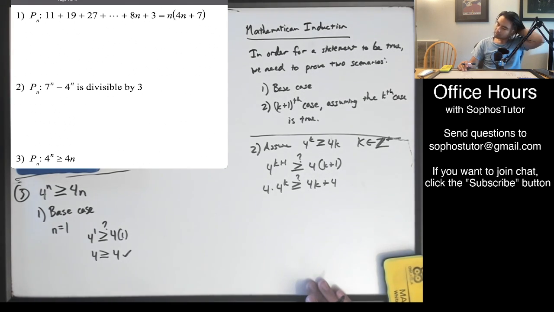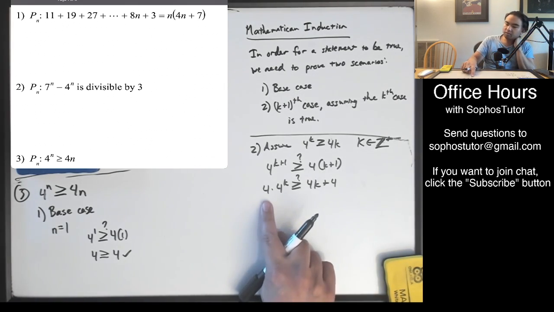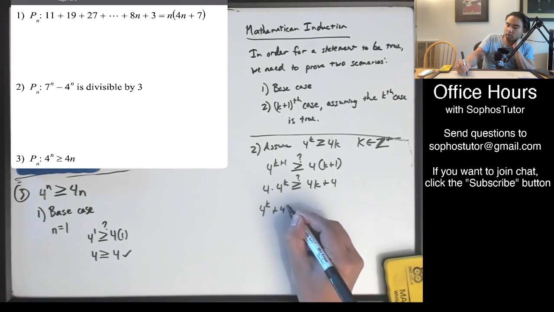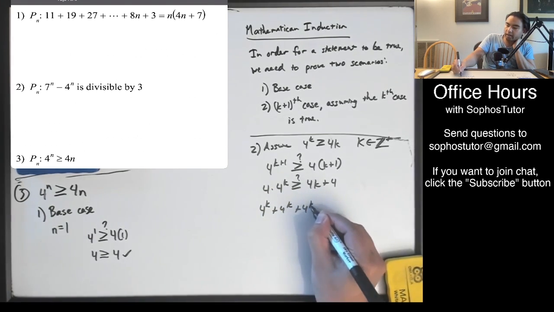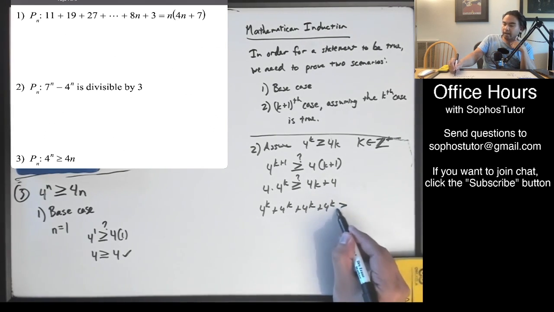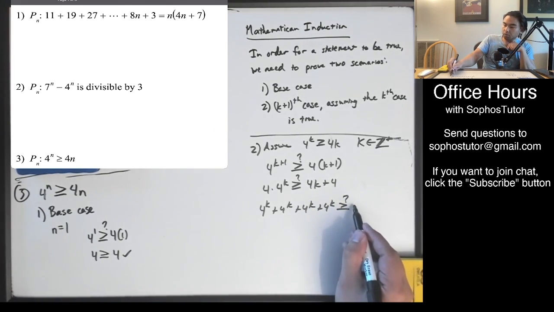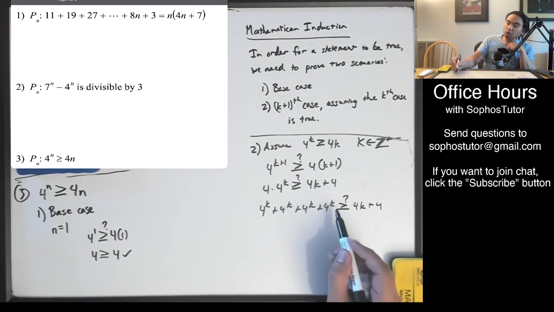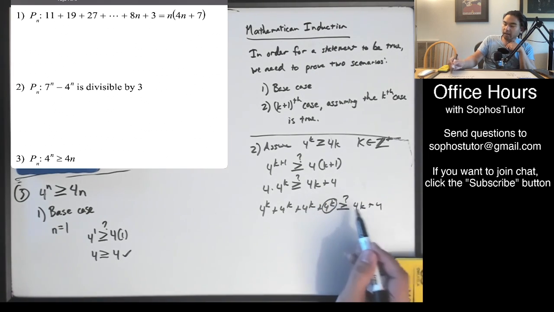Okay. Well, I know that 4 times 4 to the k is equal to 4 to the k plus 4 to the k plus 4 to the k plus 4 to the k. And we need to ask ourselves, is this greater than or equal to 4 times k plus 4? Well, we already know that 4 to the k is greater than or equal to 4k.